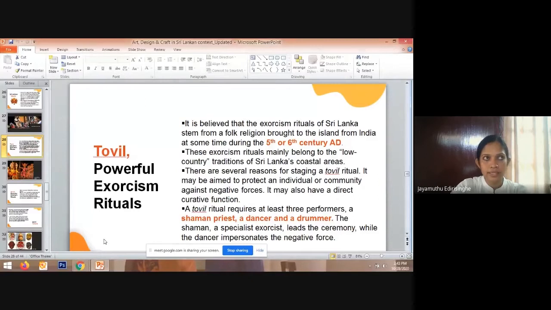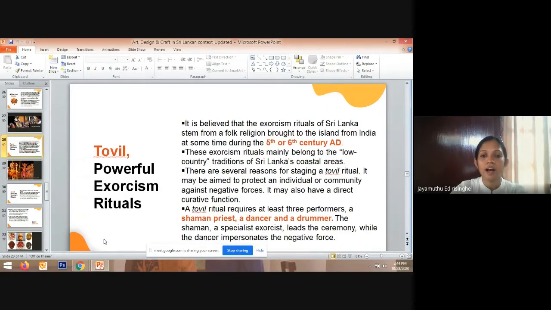Sometimes all three get together in the dialogue, and some dialogues are very sarcastic, and humor is also added. Usually in a Tovil performance, at the initial stage, 12 Pali come in, and then they prepare the ritual space for offerings.